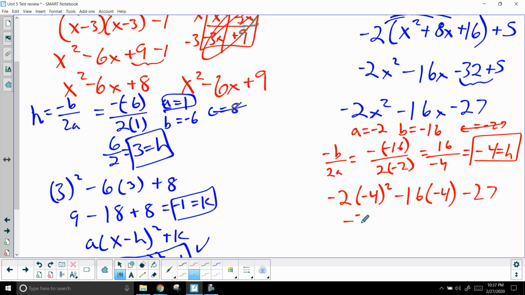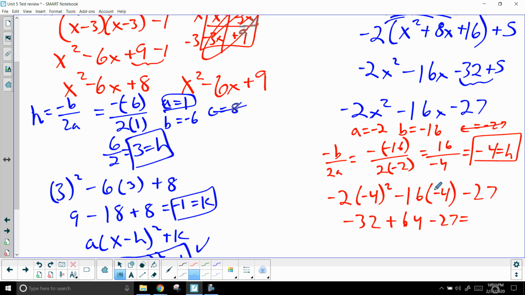I feel like I know that in the back of my head, though. 64. I knew that. Add 64 minus 27. So I know 64 minus the 32 is going to be 32. So then 32 minus the 27 is going to be 5.